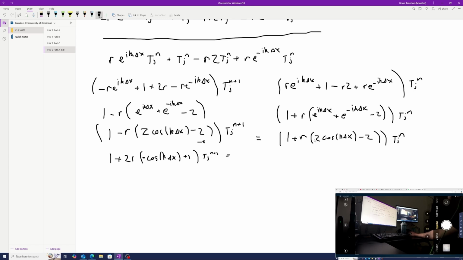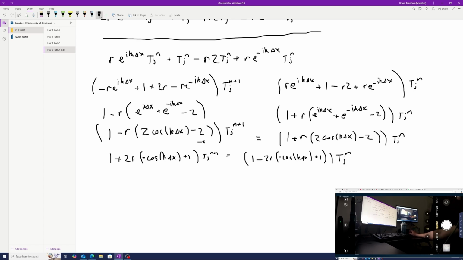We can do the same thing over here, pulling out a negative 2, giving us 1 minus 2r times cosine k delta x, which is now negative, plus 1. And this is all multiplied by tjn.